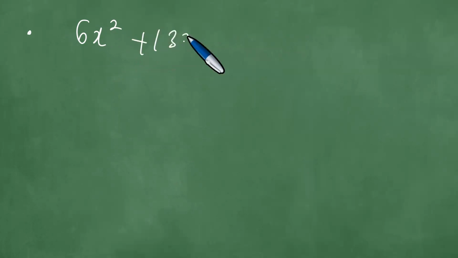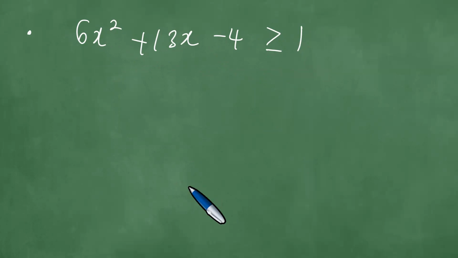If you look at the next question, for example, if you have 6x squared plus 13x minus 4 is greater or equal to 1. What do we do here?